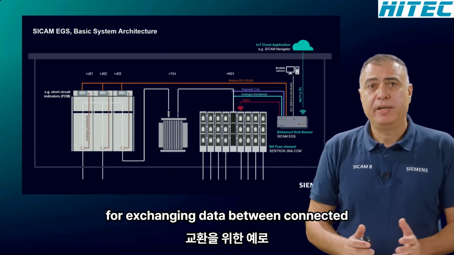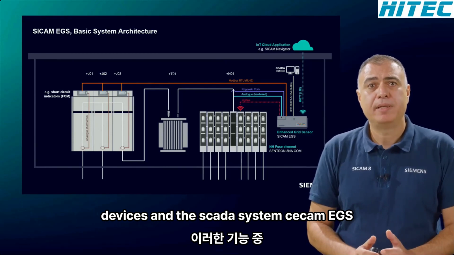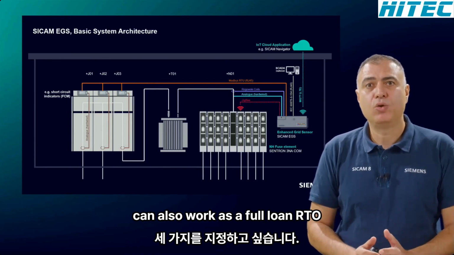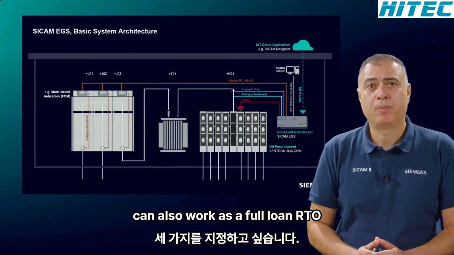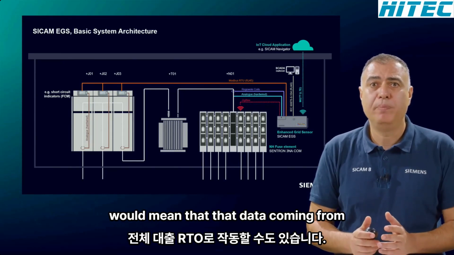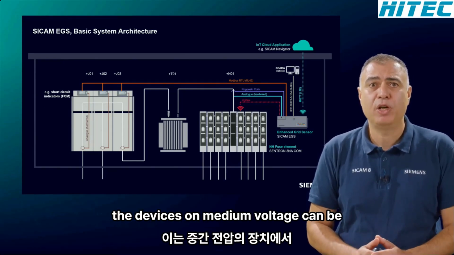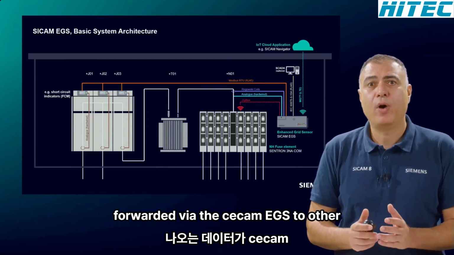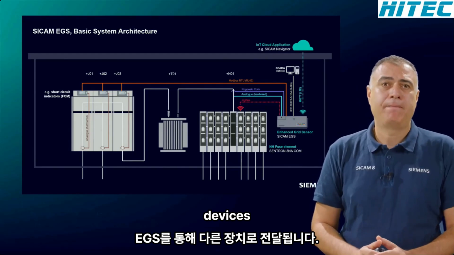For exchanging data between connected devices and the SCADA system, SICAM EGS can also work as a full-blown RTU. In the configuration shown, this example would mean that data coming from the devices on medium voltage can be forwarded via the SICAM EGS to other devices.